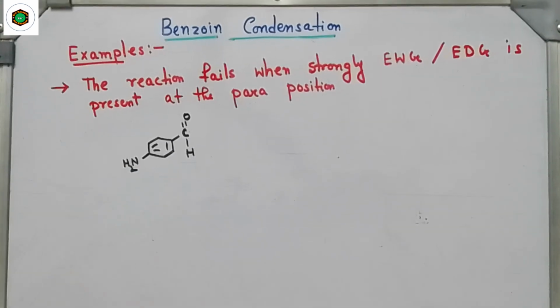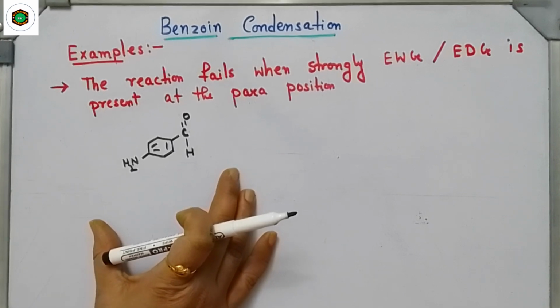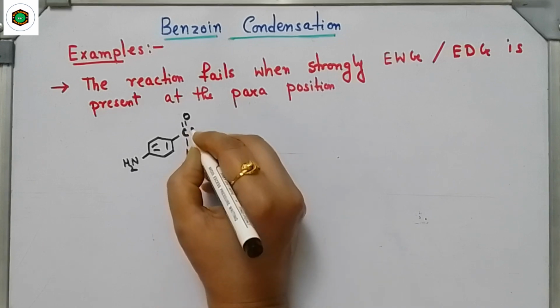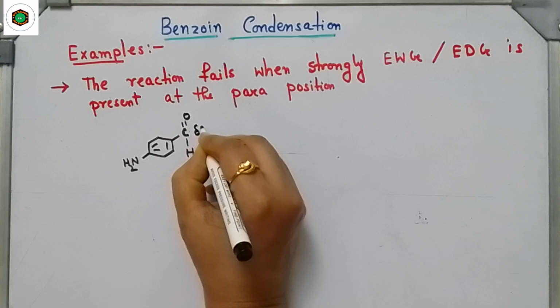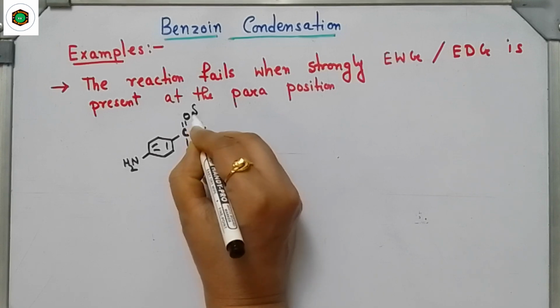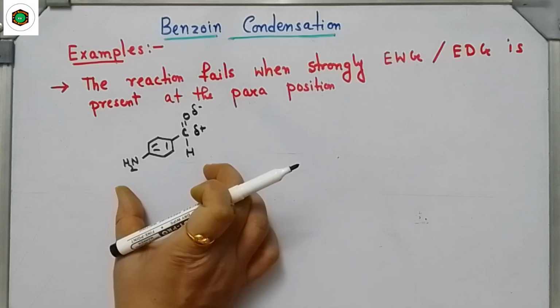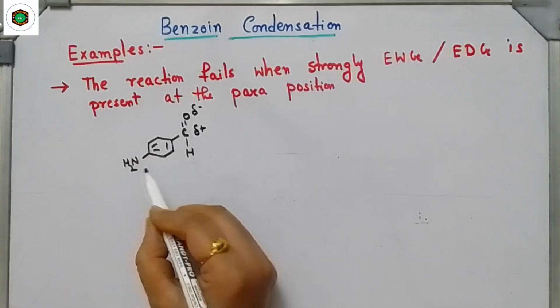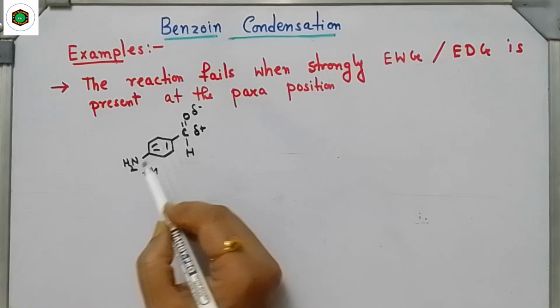This is para-aminobenzaldehyde. It will also not give benzoin condensation because it cannot act as acceptor molecule, because here in aldehyde you know this carbon is having delta plus charge and this oxygen is having delta minus charge. So to act as acceptor, this carbon should be sufficiently electrophilic, but due to plus M effect of this NH2 group at para position, what will happen?